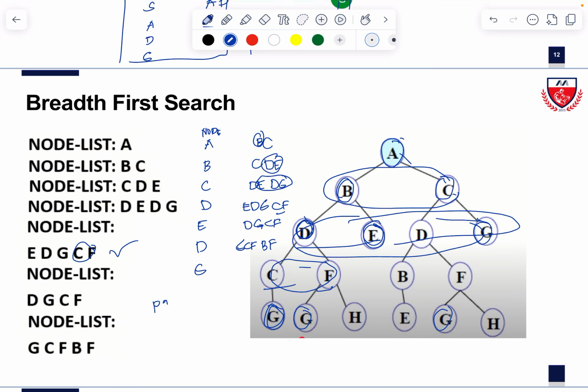So, the path would be ACG. So, this is how we find G or the goal state using the breadth first search, level by level.